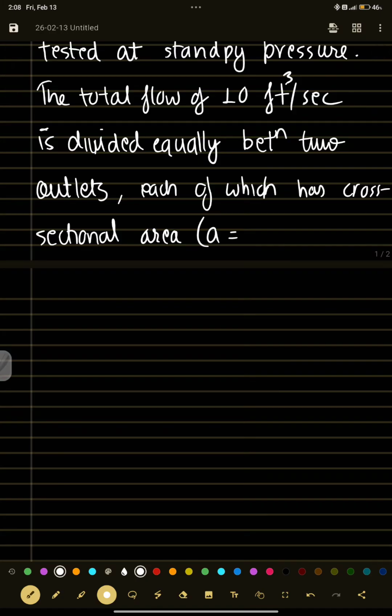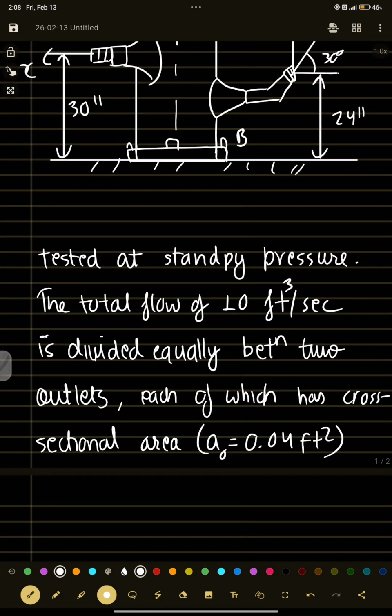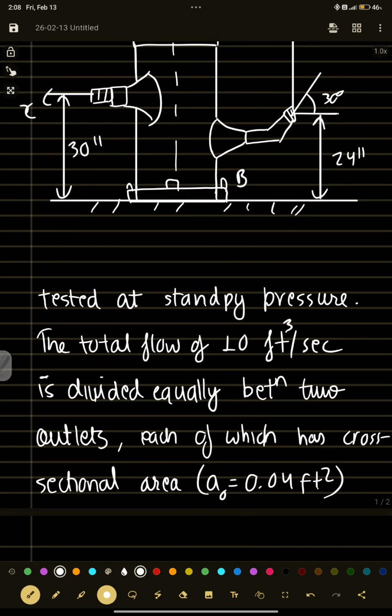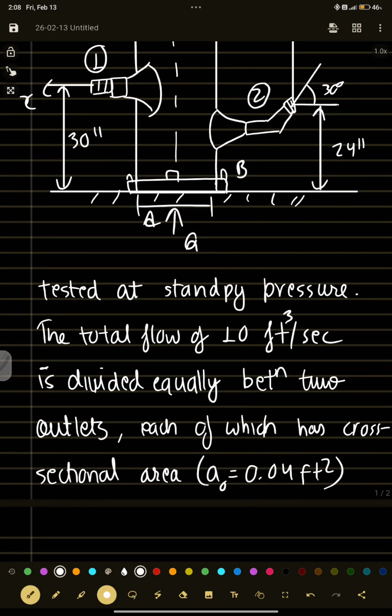The inlet cross-sectional area at the base is 0.75 feet square.